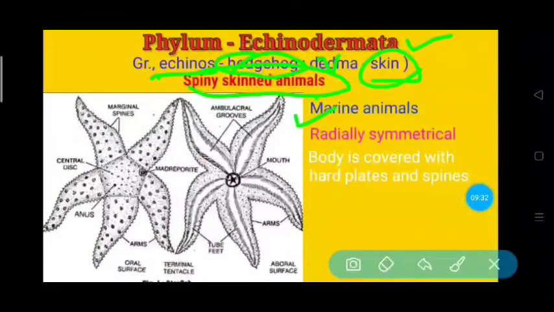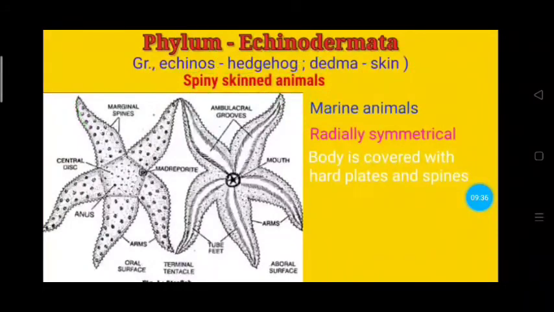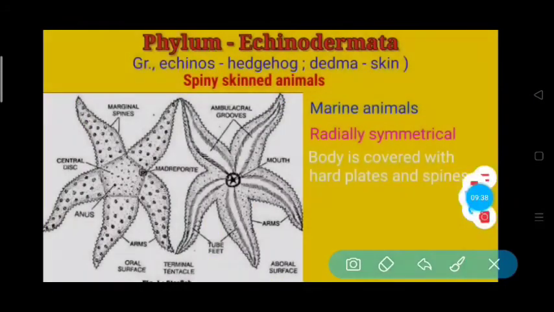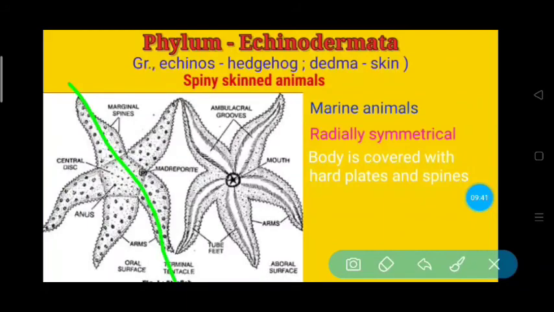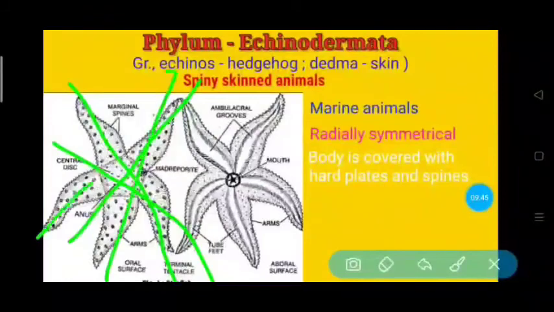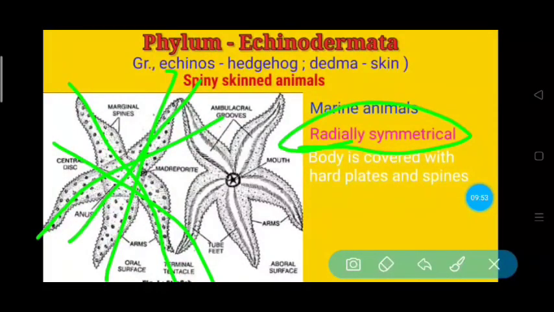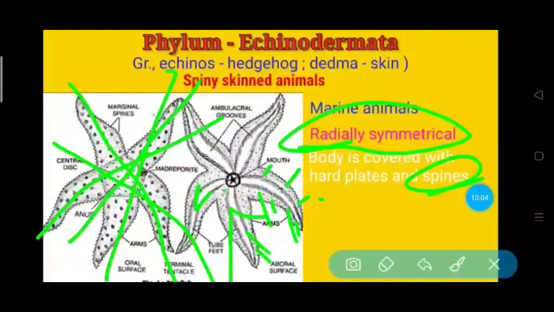They are radially symmetrical, means we can divide these organisms in any plane. We can divide this organism through this plane or through this. In this way we can divide this organism radially, so they have radial symmetry. Their body is covered with hard plates and spines. They have spines and calcareous hard plates.